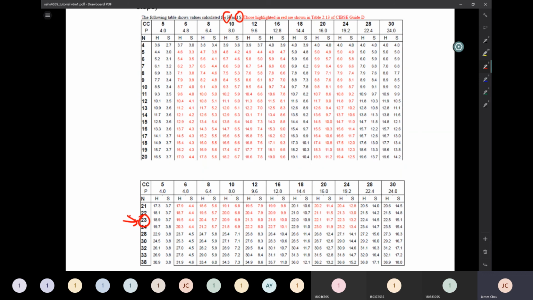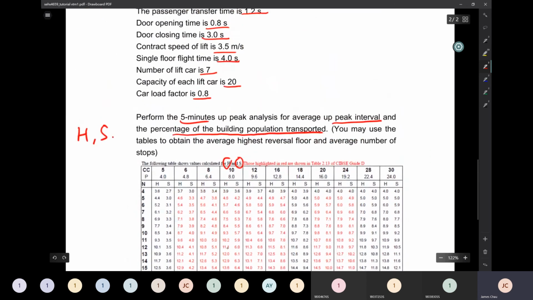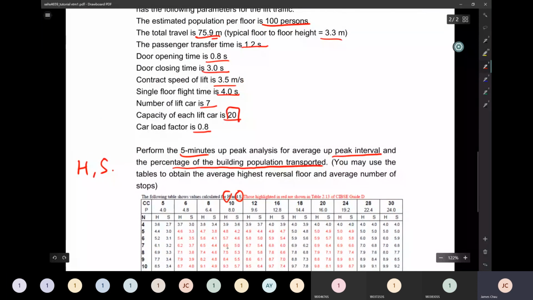And now the car population. Actually, the capacity is 20, but we have the car load factor of 0.8. That means you are going to multiply 20 by 0.8, and it is equal to 16.